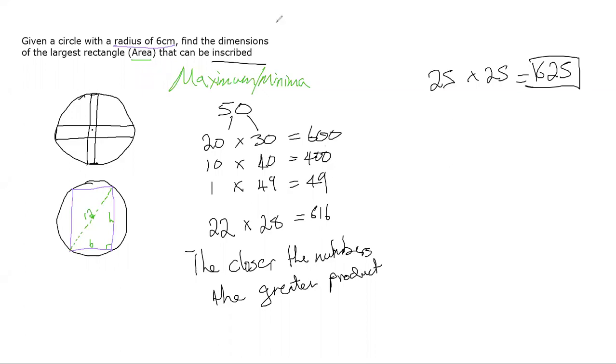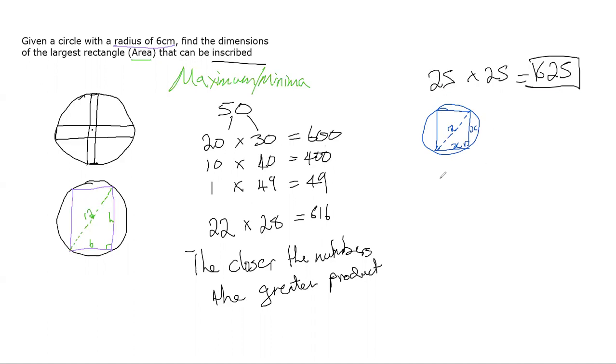Instead, you can reduce the problem. Let's do it in blue, dark blue. You can reduce the problem to just being, we have a square inside a circle, right? So we call it x and x, and it has a hypotenuse of 12. And so keep in mind, we've done all the maximizing through the idea that a square is the greatest area of a rectangle.